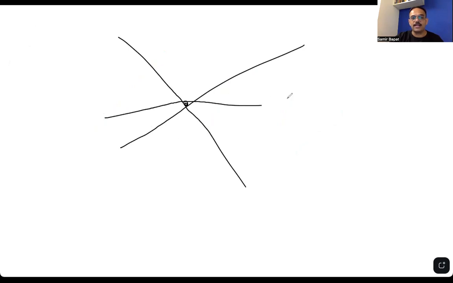Anything I can draw. But if I have 2 points, one here and one here, when I draw a line joining these 2 points, then this is a fixed direction line.